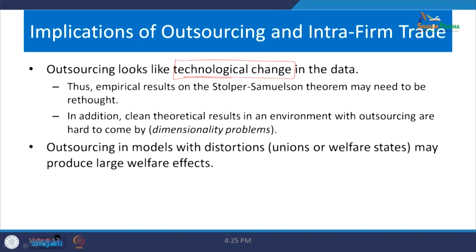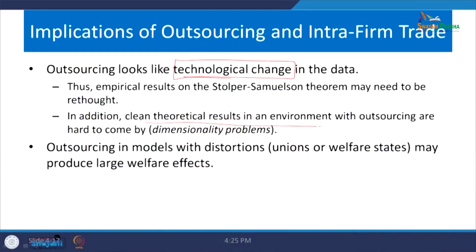So, empirical results in Stolper-Samuelson theorem may need to be rethought. Why? Only because the Stolper-Samuelson theorem, which was discussed, says that income distribution or redistribution of income is specific to the homogeneous sector, specific sector, and a mobile factor.